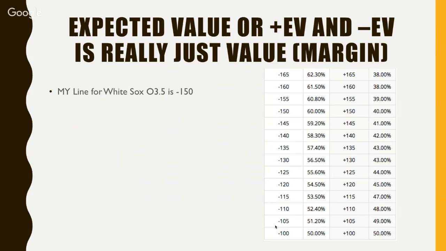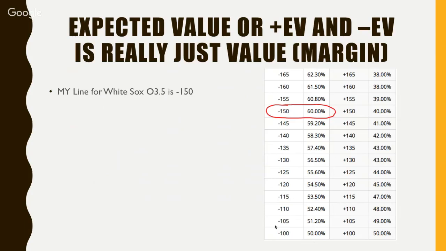You don't. So my line for the White Sox over 3.5 is -150. So let's go find -150 on the chart, 60%. So in my handicapping, I believe that the White Sox have a 60% chance of scoring more than 3 runs.